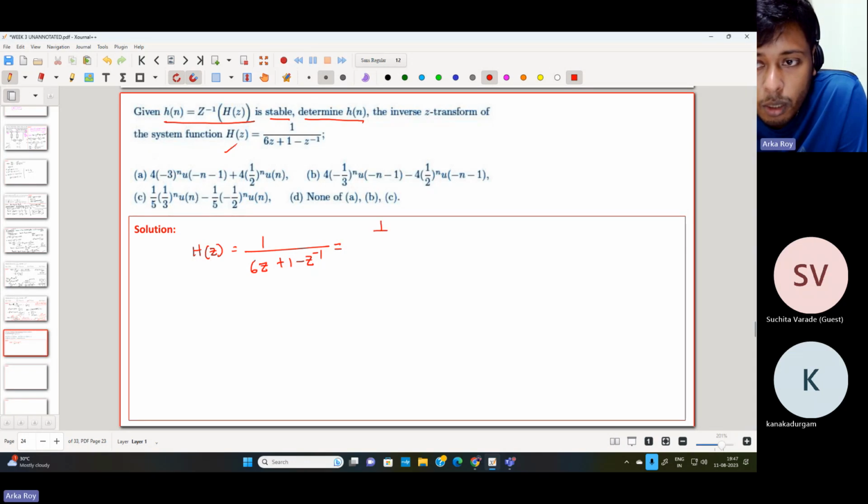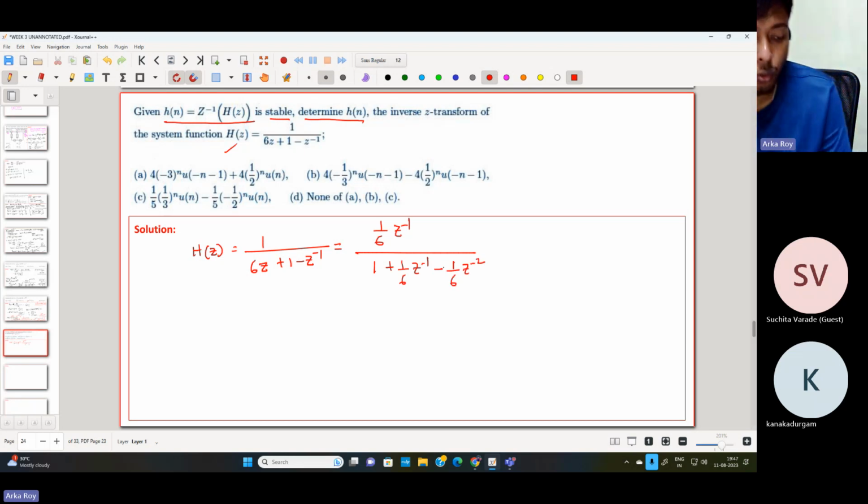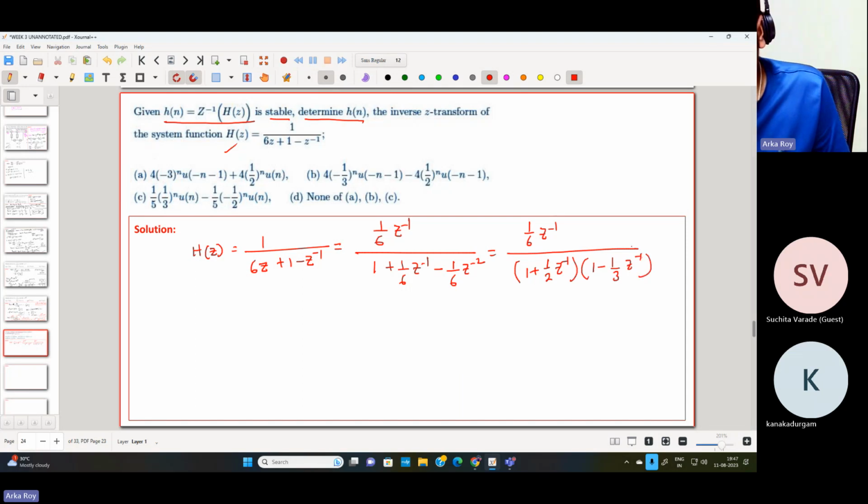So this will be 1 upon 6 z inverse divided by 1 plus 1 upon 6 z inverse, then 1 upon 6 z to the power minus 2. Now this can be written as 1 by 6 z inverse, and then I can factorize this as 1 plus 1 upon 2 z inverse and 1 minus 1 upon 3 z inverse.